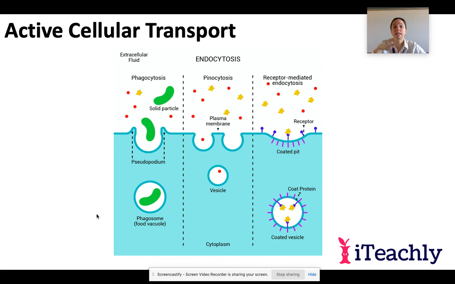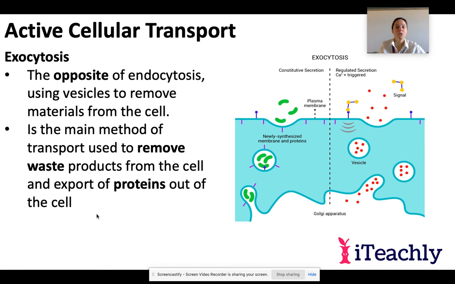So if we look at these all side by side, this is what the three different kinds of endocytosis would look like. So then exocytosis is basically the reverse order. Instead of taking things in from the environment, I have a vesicle inside my cell that's surrounded by a phospholipid membrane, and I need to get rid of it.